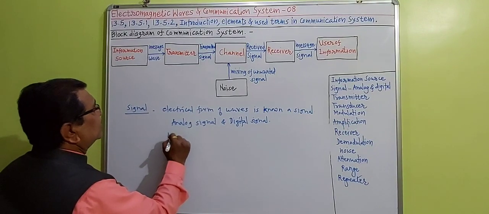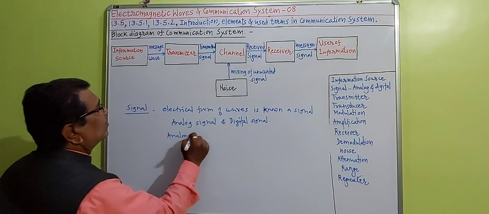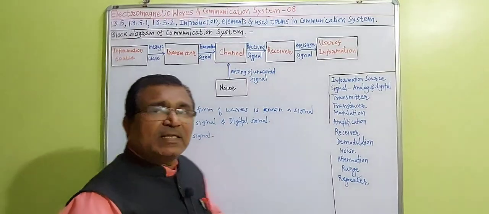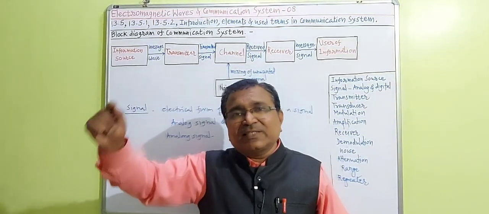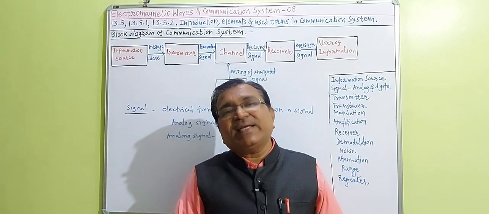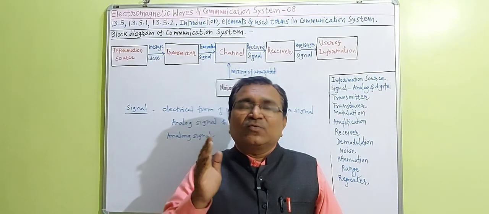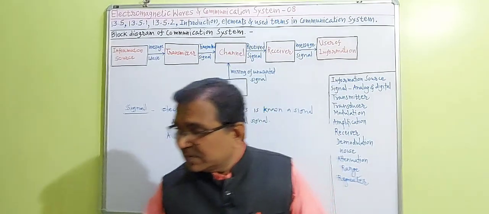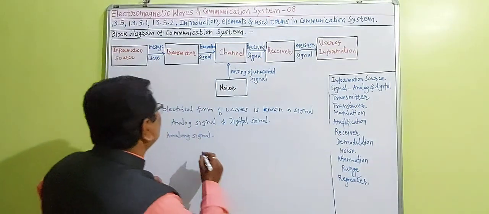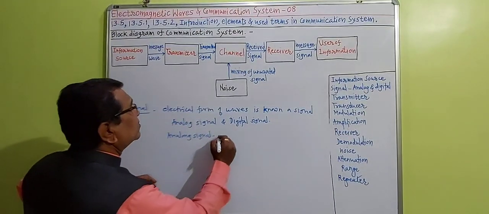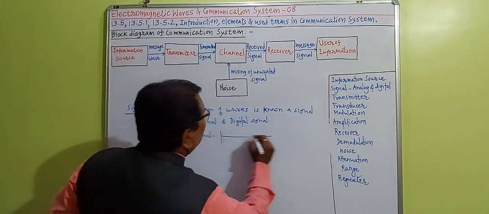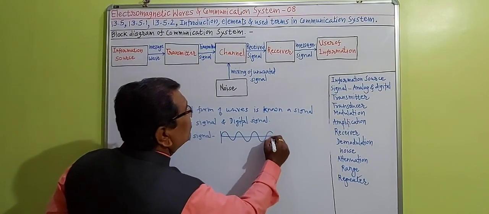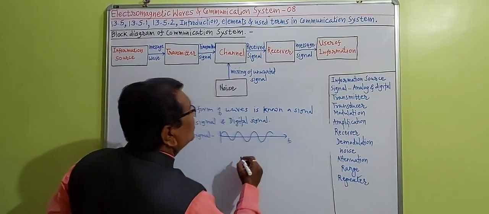Number one, analog signal. A signal which is in the form of sinusoidal nature, a continuously varying voltage or current with respect to time, we call an analog signal. Like this, continuously varying like this with respect to time.